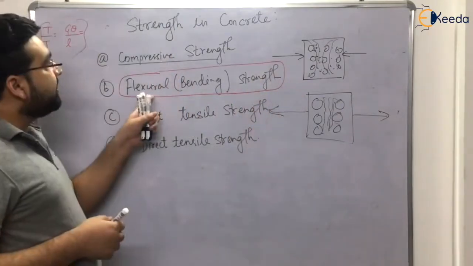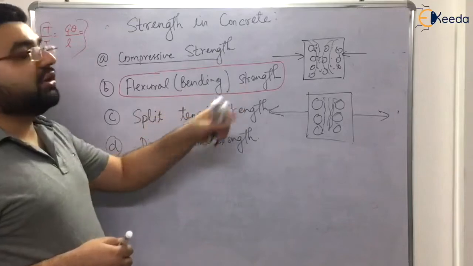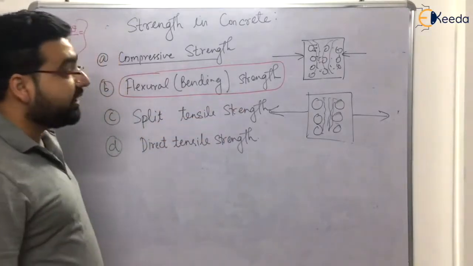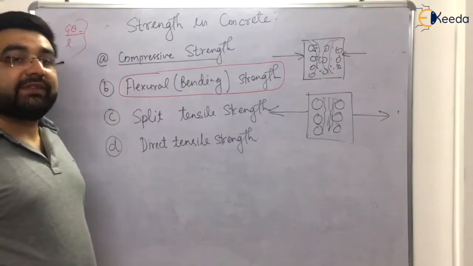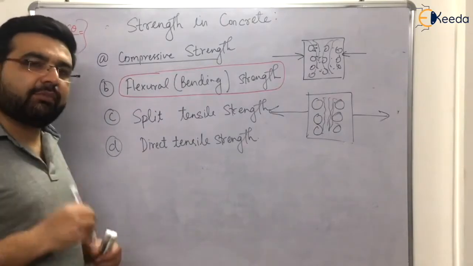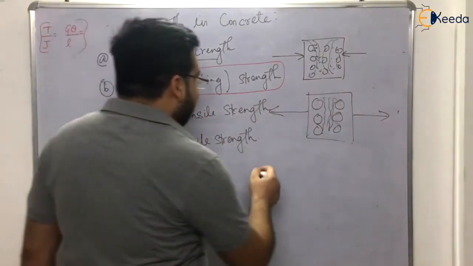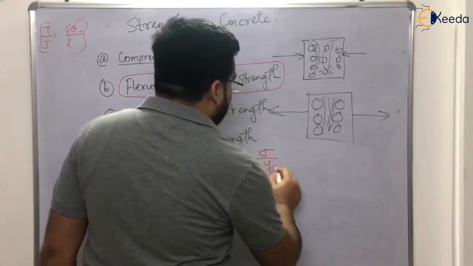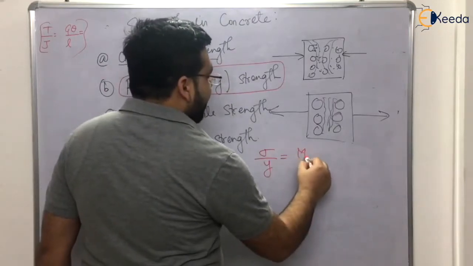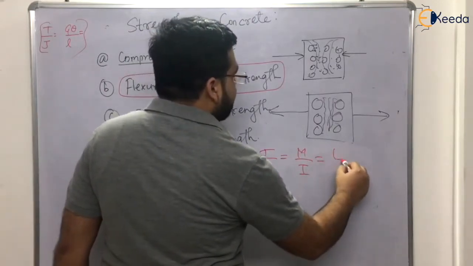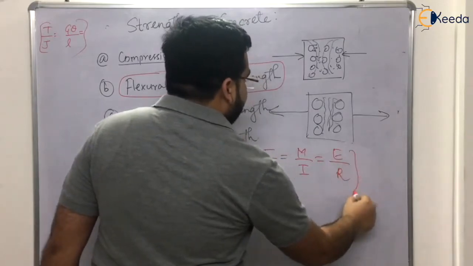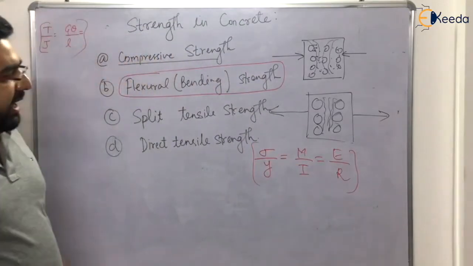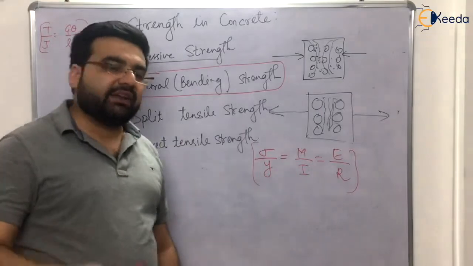The next important strength in concrete is the flexural or bending strength. If you have studied SOM, you must be knowing the flexural or bending formula, which is very important in beams, right? So what is the bending formula? Sigma by Y equals M by I equals E by R, where sigma, Y, M, I, E, R have their respective meanings.